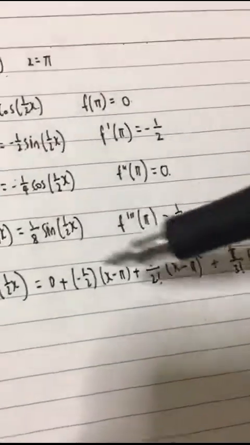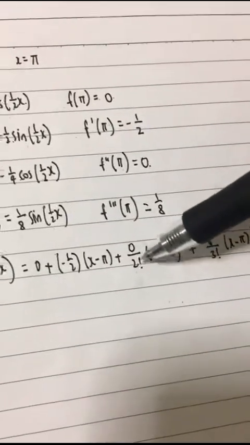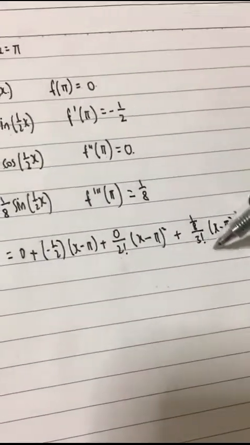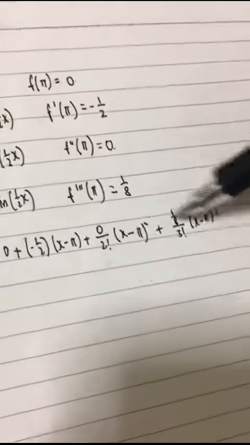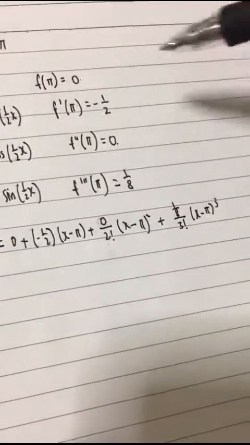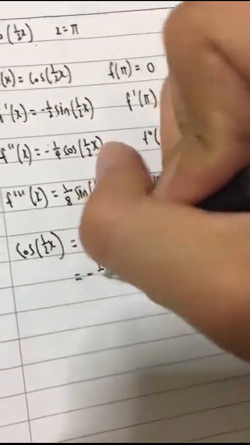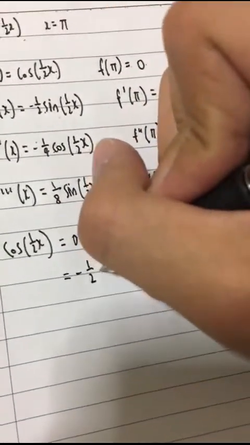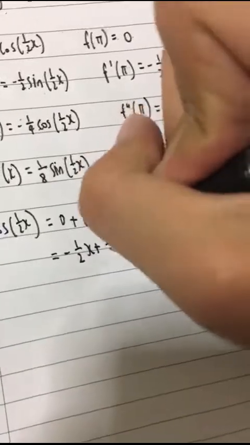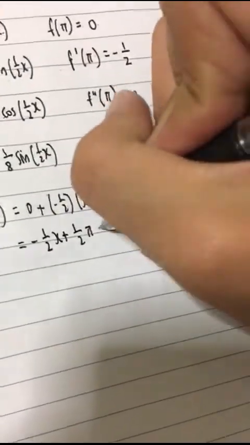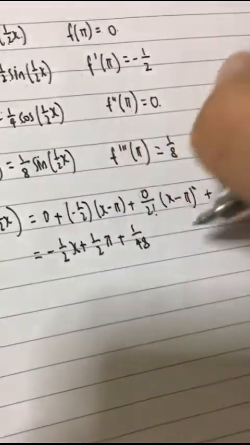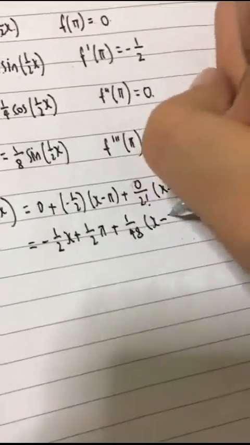You can see this is 2 factorial and 3 factorial. You type this in the calculator, and it will give you negative half x plus half pi plus 1 over 48 times the cubed term.